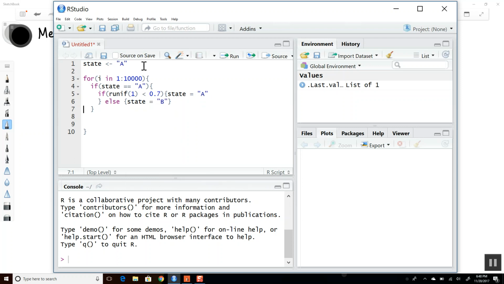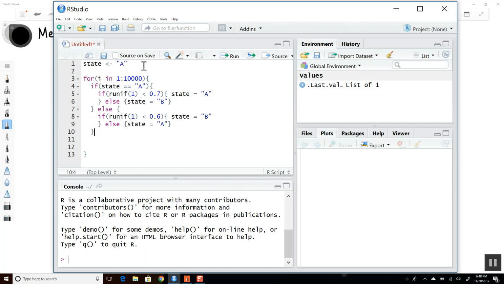Is that okay? On the other hand, else, meaning the state has to be B, then we will do the same thing. We will draw a random number, but this time if it's less than 0.6, we will keep our state to be B, and otherwise if it's greater than 0.6, we will transition to state A. Is that okay?